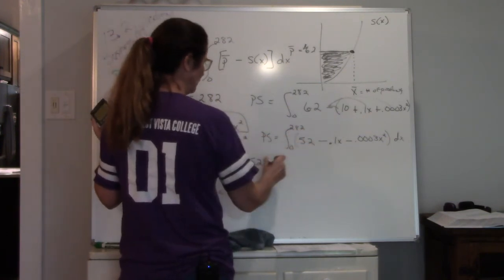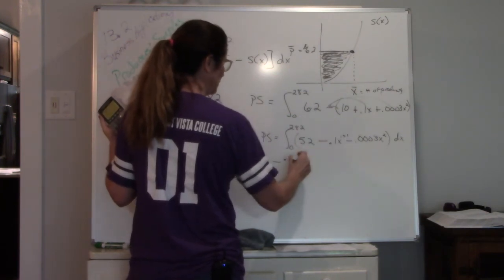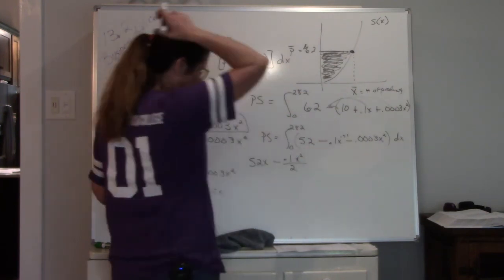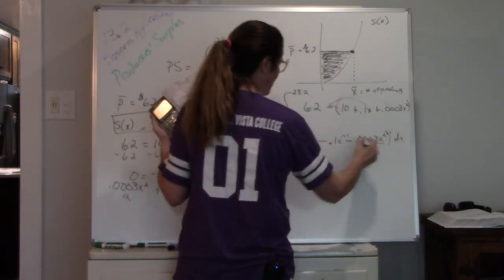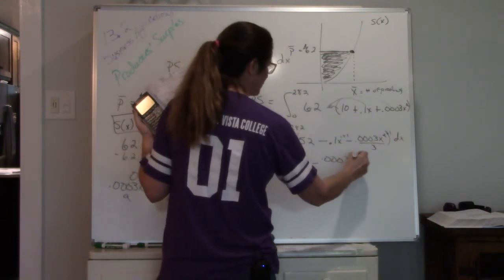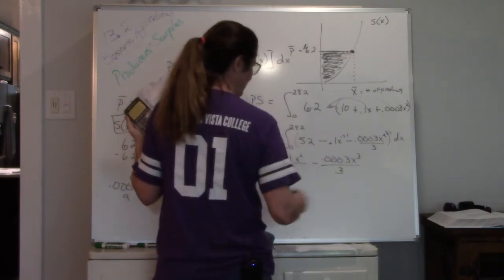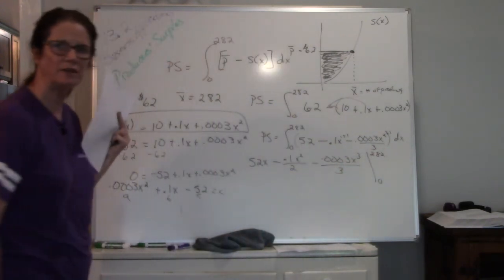The antiderivative of this is 0.1. I'm going to add 1 and divide by my new exponent. This one, I'm going to add 1 and divide by my new exponent. So minus 0.0003 x to the third over 3. And now I'm going to evaluate between 0 and 282.